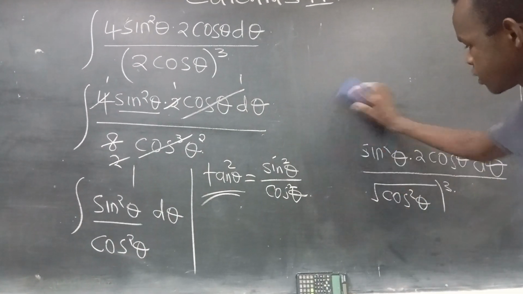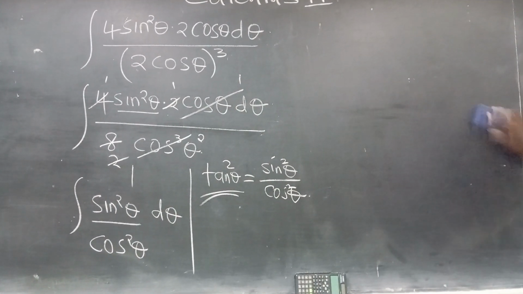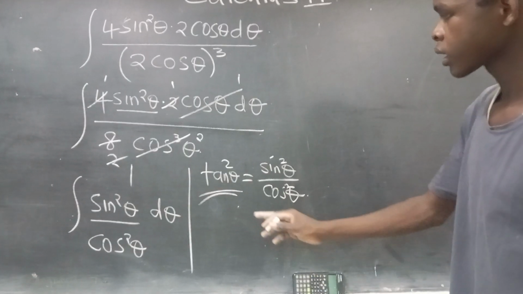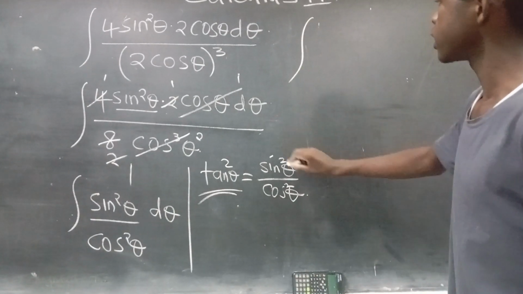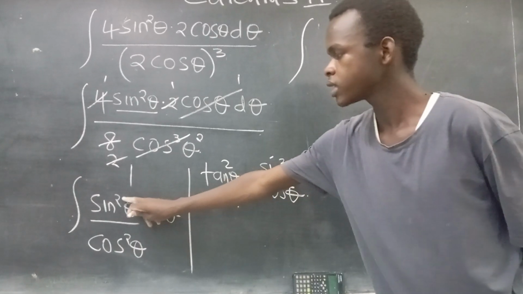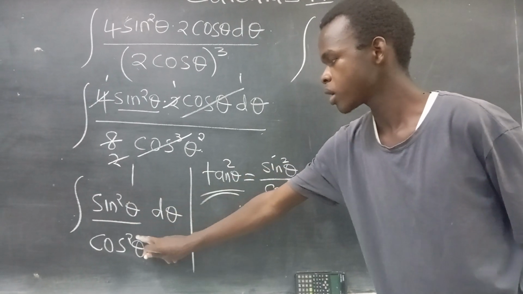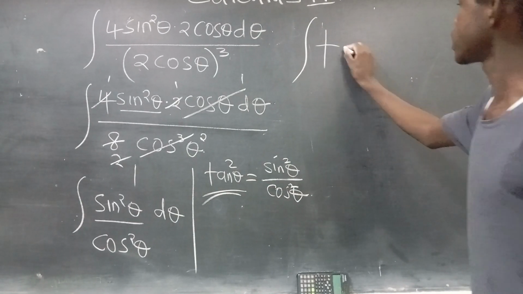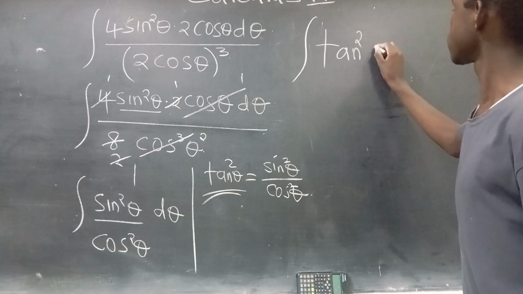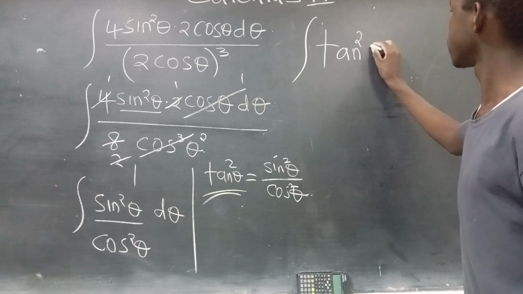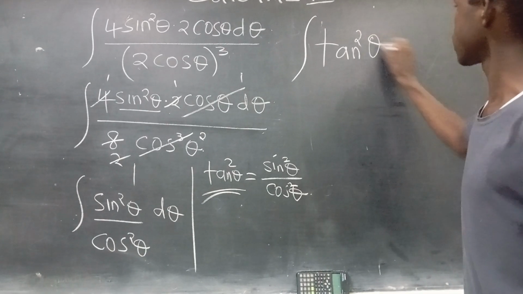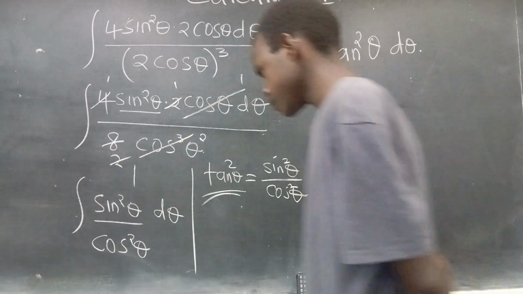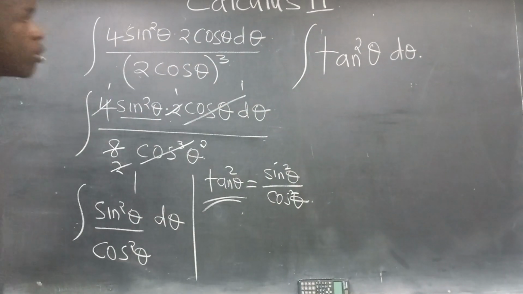So the procedure is very simple, but kind of long. So I'll get the integral of, instead of writing sine squared divided by cos squared, I'll write tan squared of theta d theta.